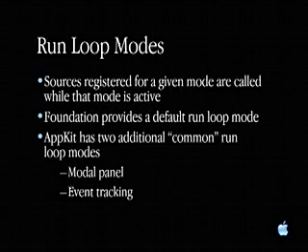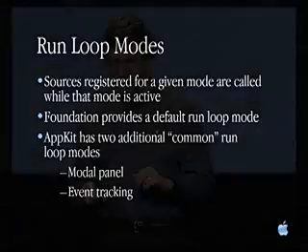And only those sources that are registered for the particular mode that is running are actually active. There's a default mode that you would use most of the time, and that probably will be used most of the time when the run loop is running. The AppKit has a couple of others that you'll see. For example, one that's used when a modal panel is up, and another that's used typically when it's tracking mouse moves in a widget. And you could register for all these together as the common modes.